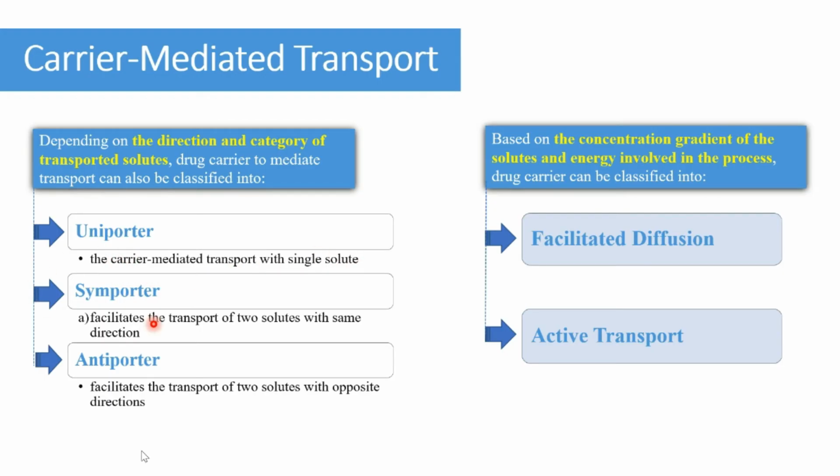A symporter facilitates the transport of two solutes in the same direction, while an antiporter facilitates the transport of two solutes in opposite directions. And based on the concentration gradient of the solutes and energy involved in the process, drug carriers can be classified into two classes: facilitated diffusion and active transport.